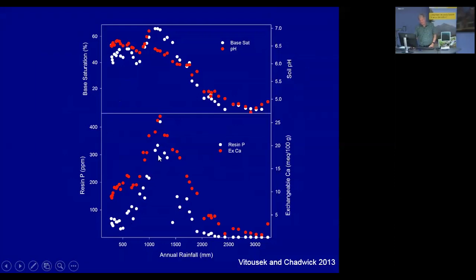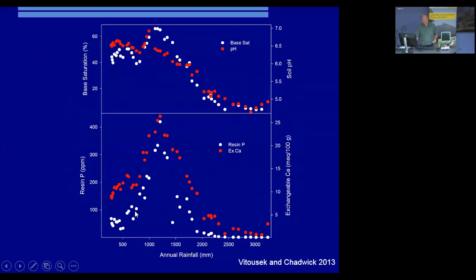But things that don't vary linearly at all across the gradient are the biologically available calcium, shown here in red, this exchangeable calcium in the soil exchange complex, and resin extractable phosphorus.